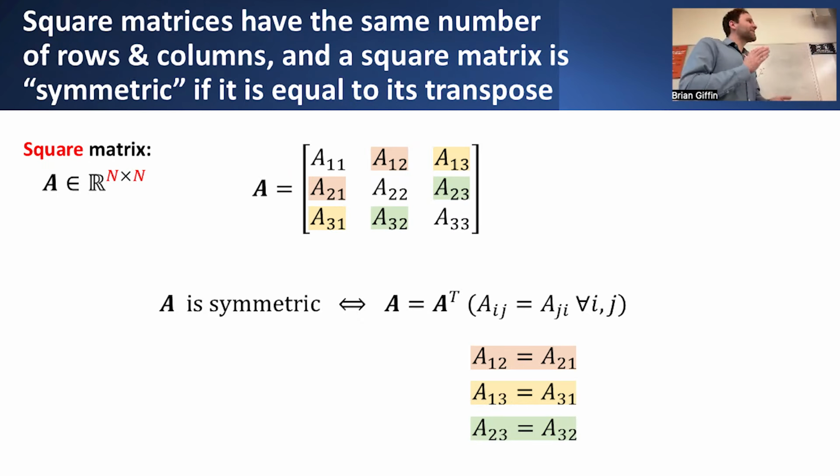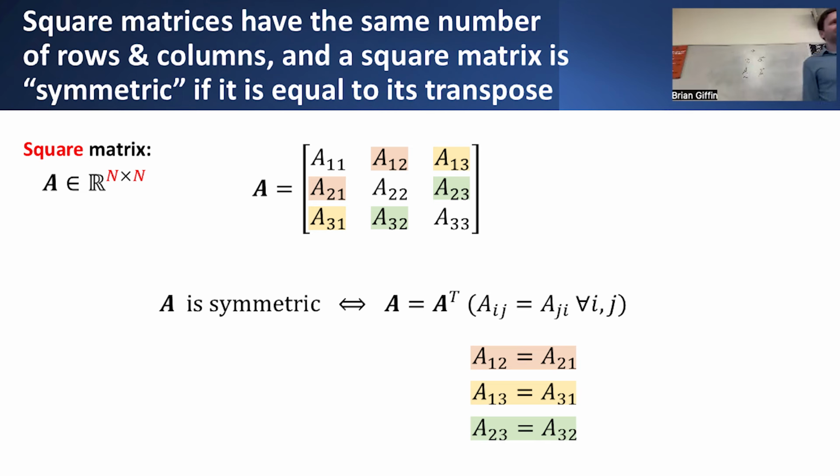So there are other interesting things that we can apply this to. Usually, though not always, matrices don't have to have the same number of rows and columns, right? But there are certain important cases where we want to consider square matrices, which are simply matrices that have the same number of rows and columns.